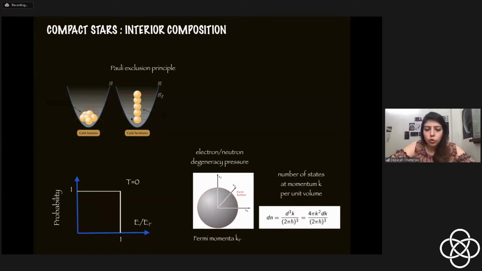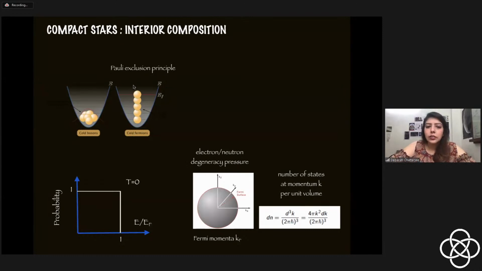And I also told you that they obey the Pauli exclusion principle, which means that they are not allowed to crowd together. They can only occupy a single state, and therefore at zero temperature they occupy a certain number of levels, as opposed to bosons, which all go to the ground state.